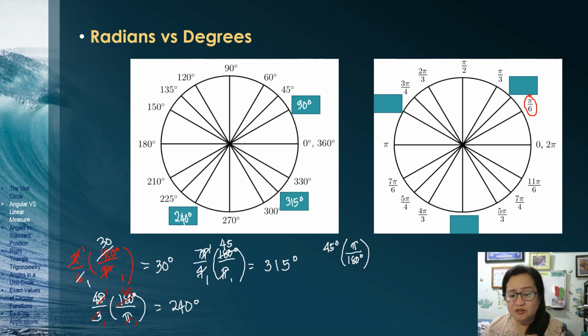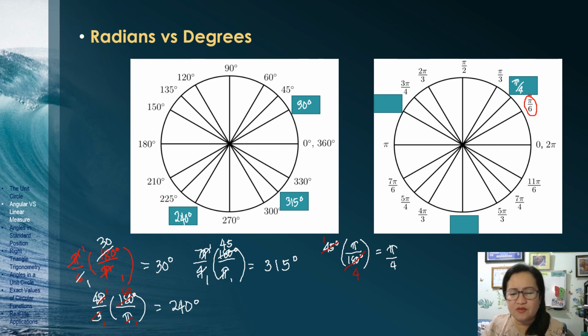We can cancel or divide by 45. 45 divided by 45, we will have 1. 180 divided by 45 is equal to 4. So therefore, the correct answer would be pi over 4. That means 45 degrees is equivalent to pi over 4.